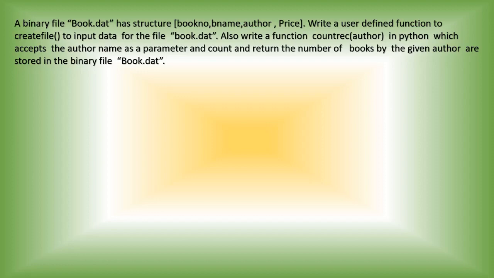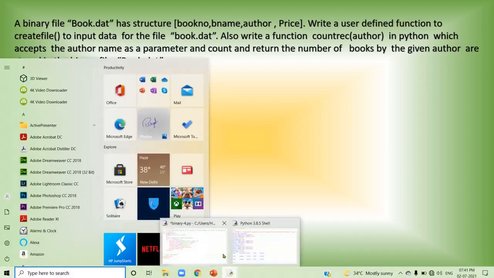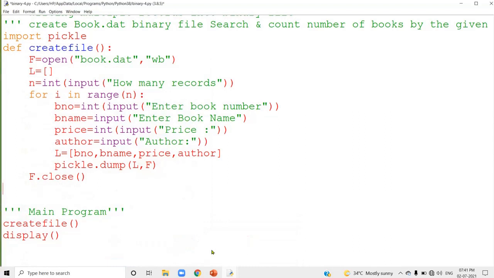So the first step, you have to create the binary file. I'm going to create the binary file. The binary file is already created here. The file is opened, and the total number of records is accepted from the user.